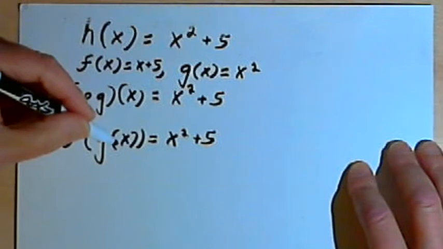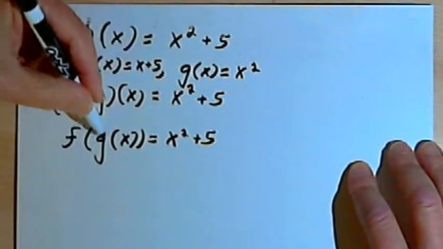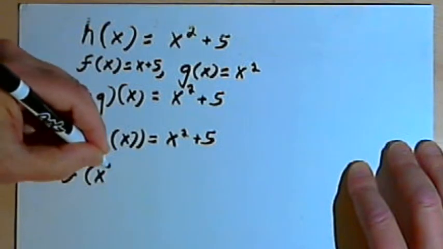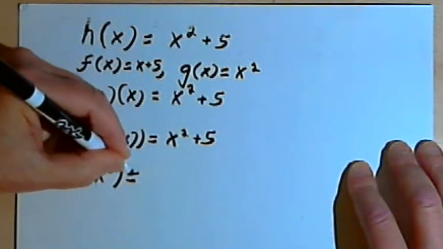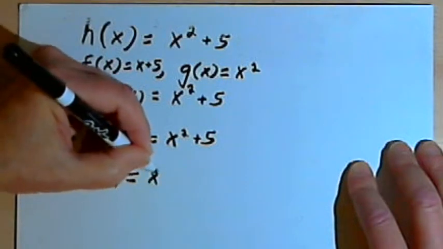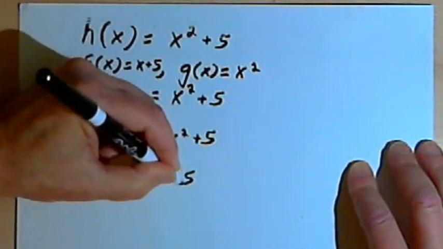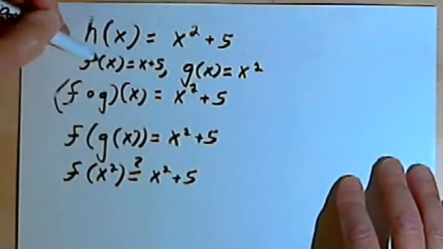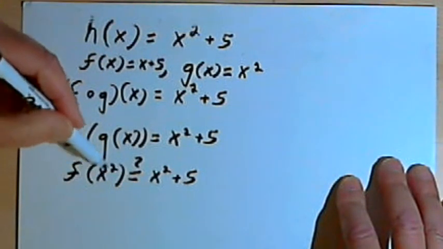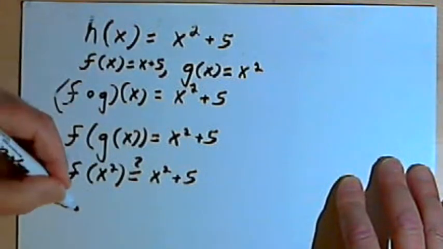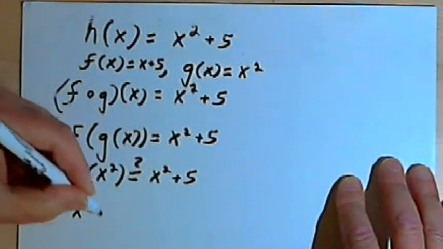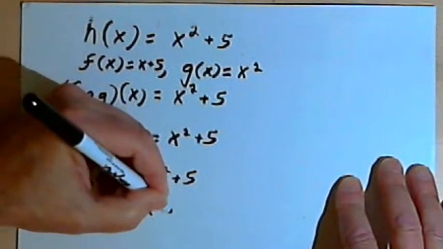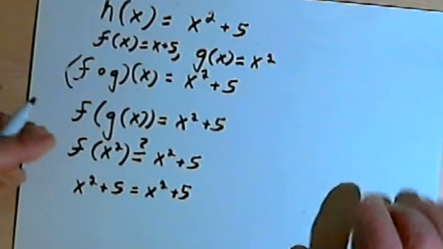So f of g of x is going to turn into f of x². And we want that to equal x² + 5. So let's see if we can make that happen. The f function says take the x, or whatever's in parentheses, and add 5 to it. So we're going to have x² + 5, and that of course equals x² + 5. Okay, so that would work.